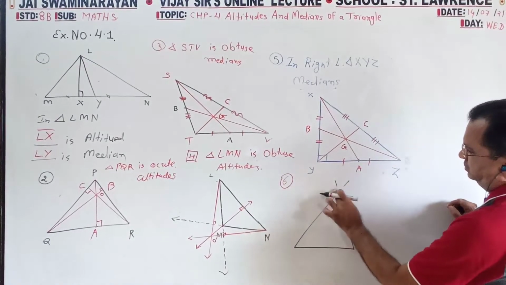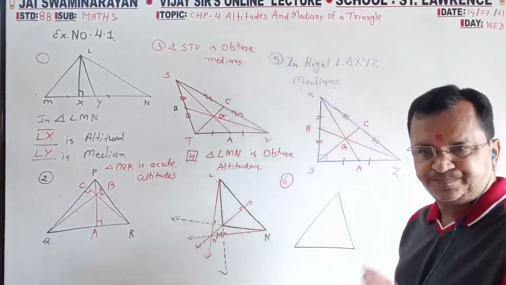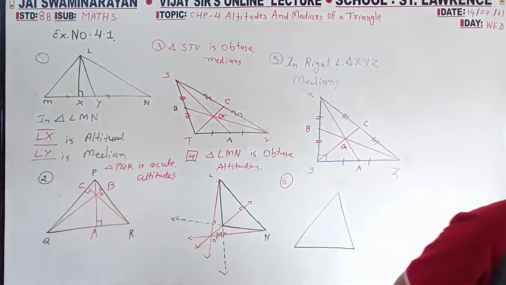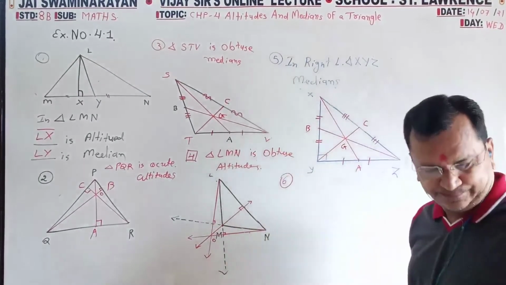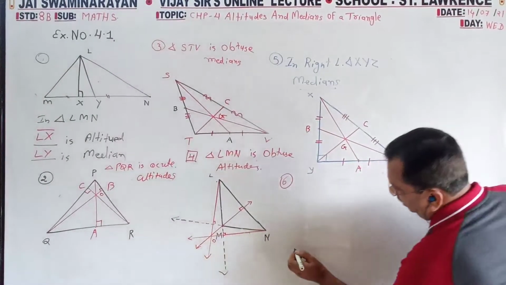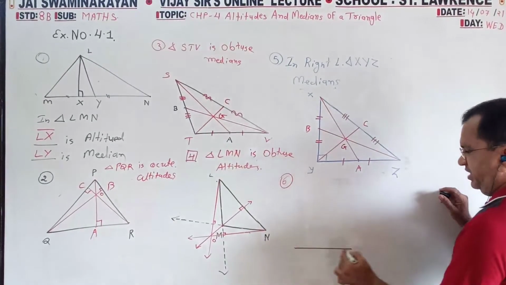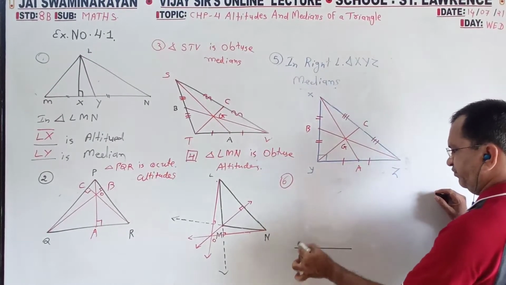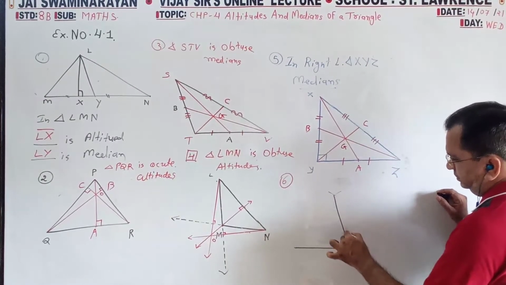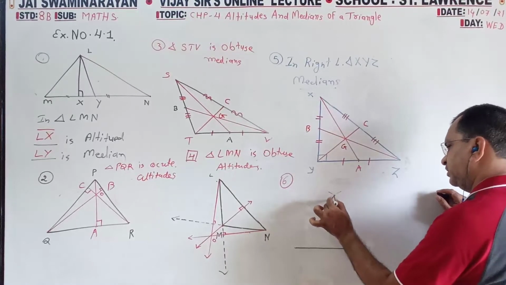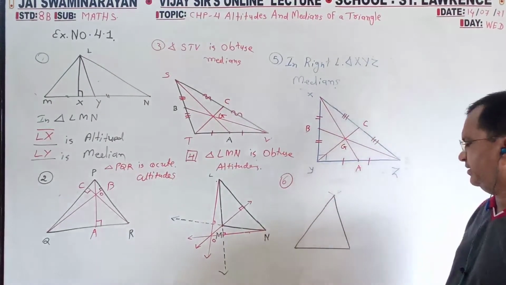This is an isosceles triangle, whose two sides are equal. How to draw? First you have to take the base, and from here mark, so you get an isosceles triangle.